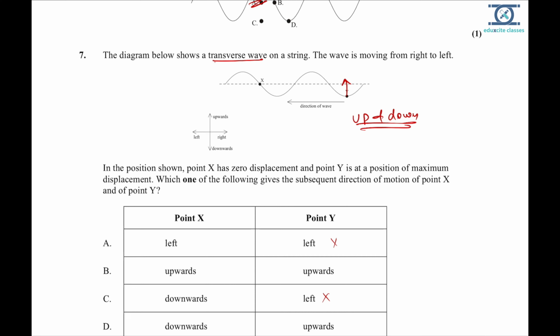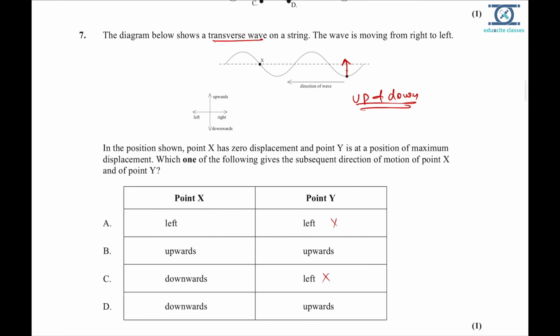For example, y will move upward. So let us say after this movement, 1 by 4 times, this will be somewhat like this. So x will be moving downward.